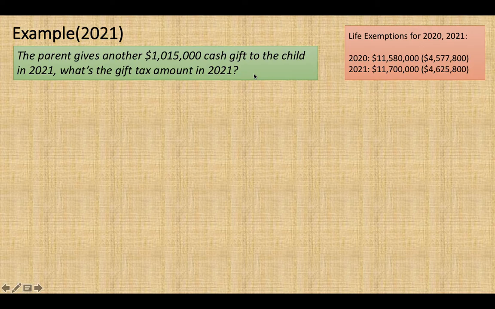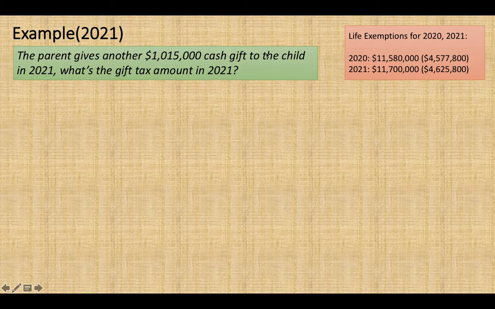Well, you will simply think, let's see, the lifetime exemption amount for 2021 actually increased, right? If it did not increase, just a quick think: the gift amount is $1,015,000, and there's a $15,000 annual deduction, so the taxable gift will be $1 million.